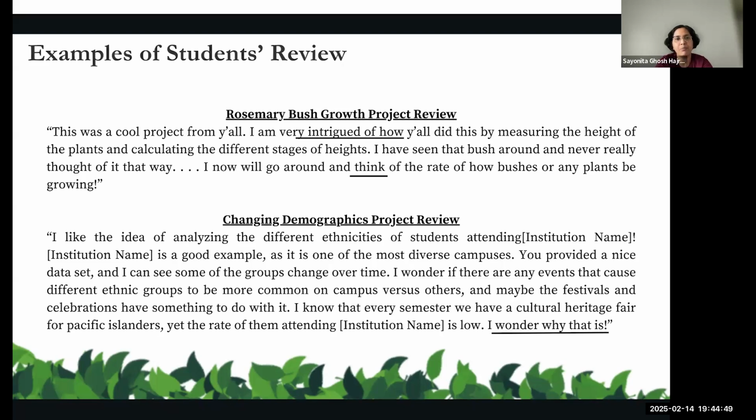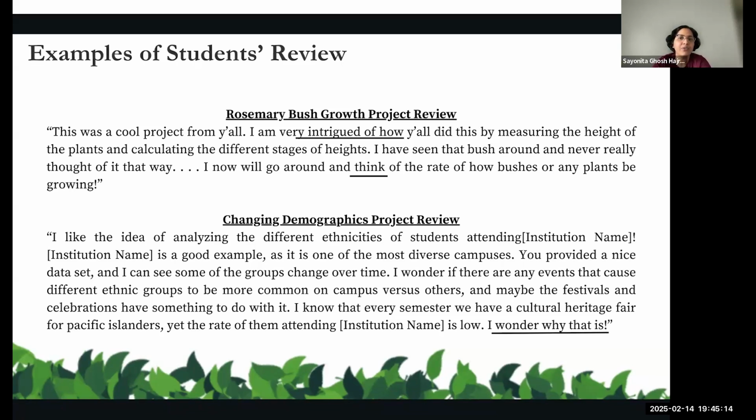I have seen that bush around and never really thought of it that way. I now will go around and think of the rate at which bushes or any plants are growing." So here they expressed excitement and curiosity about the project related to measuring plant growth and how they will be thinking about plant growth from now on.